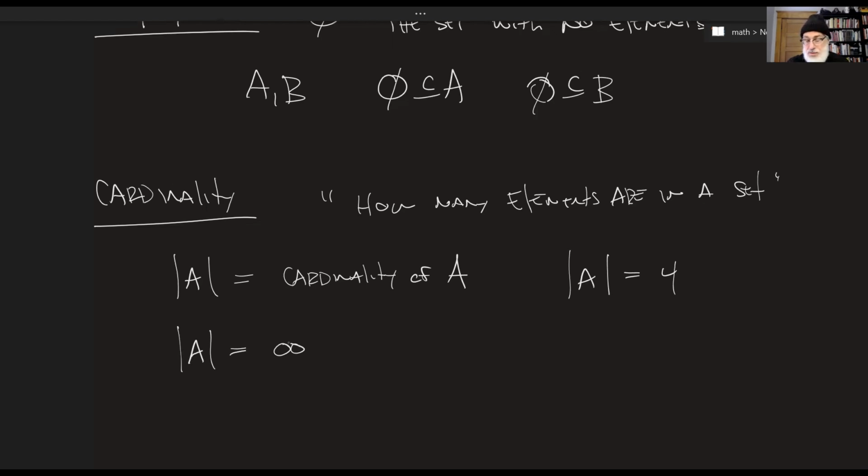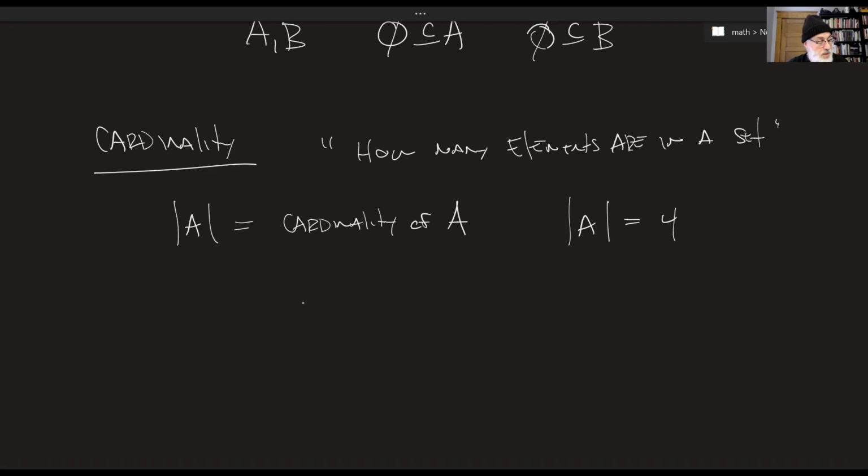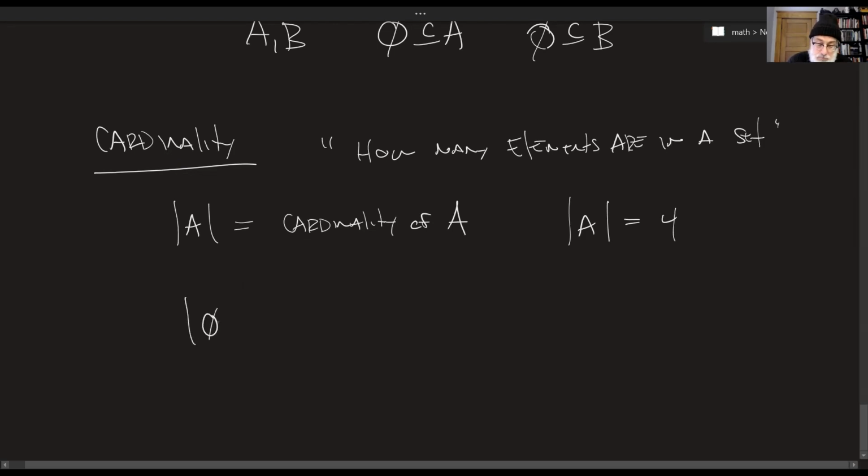Cantor proved that there are different cardinalities, or different sizes of infinity. But again, I don't want to get into that. That's a whole other video. So the cardinality of the empty set is 0. There's nothing in the empty set.